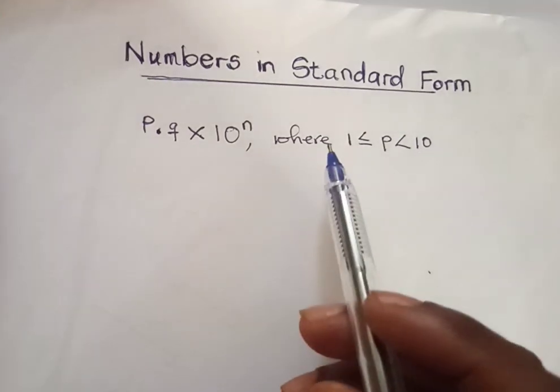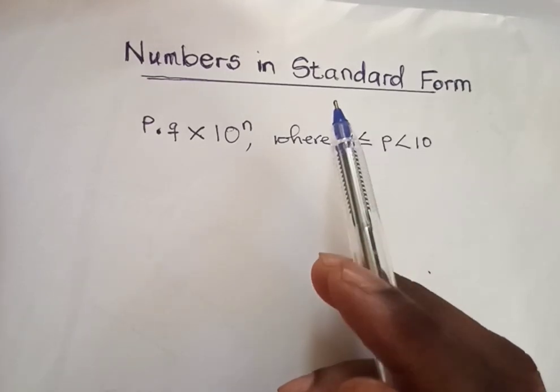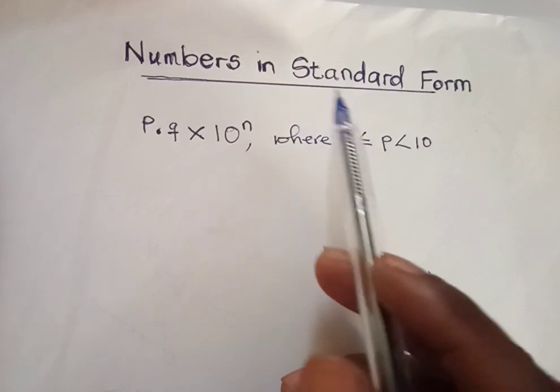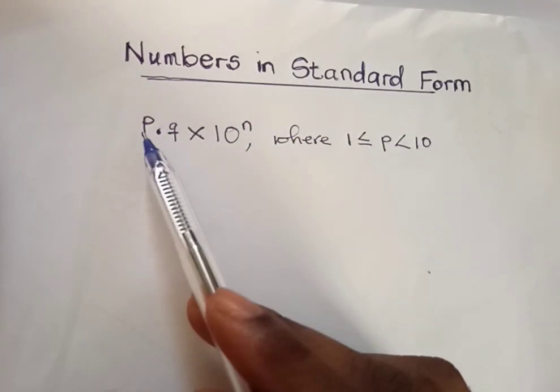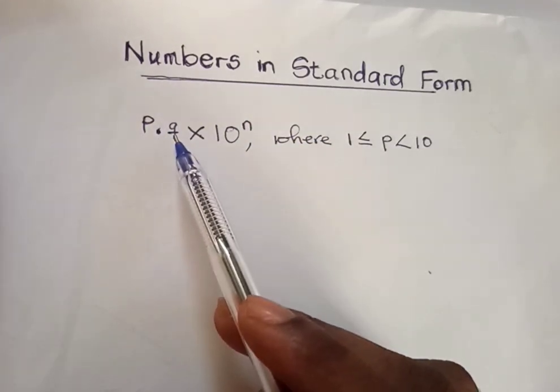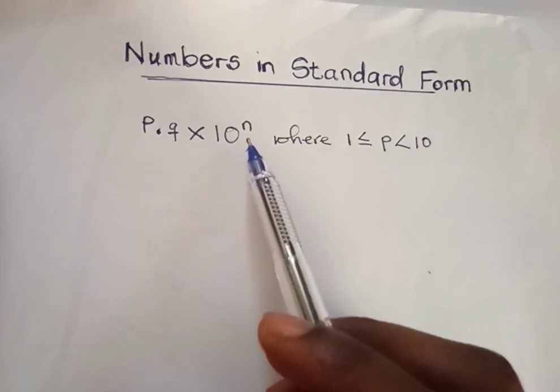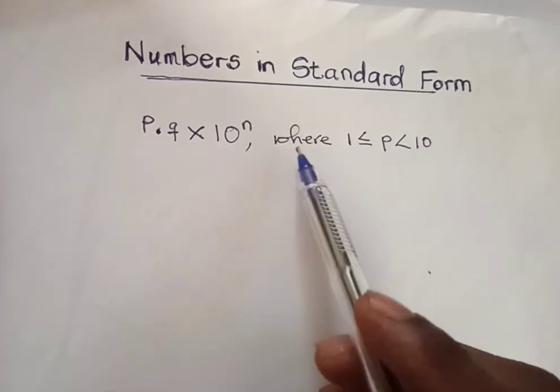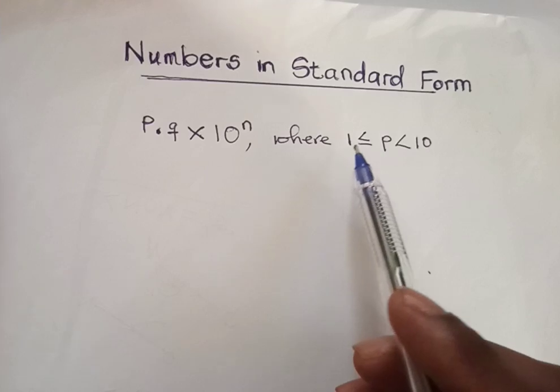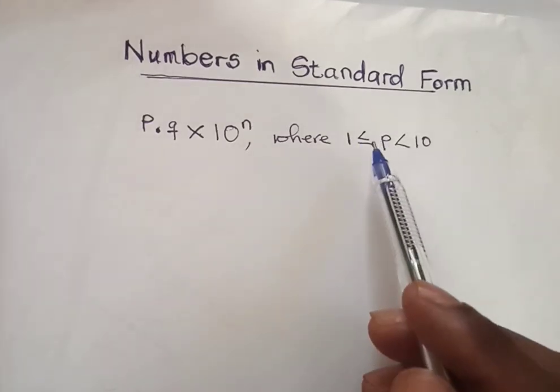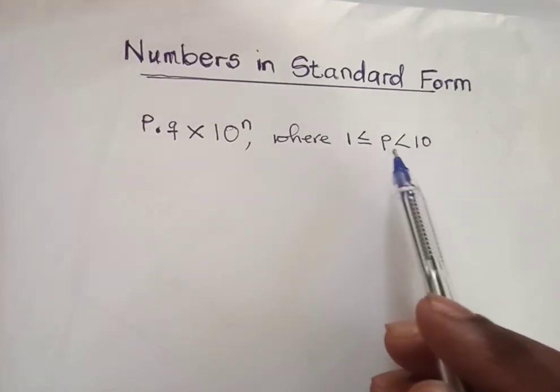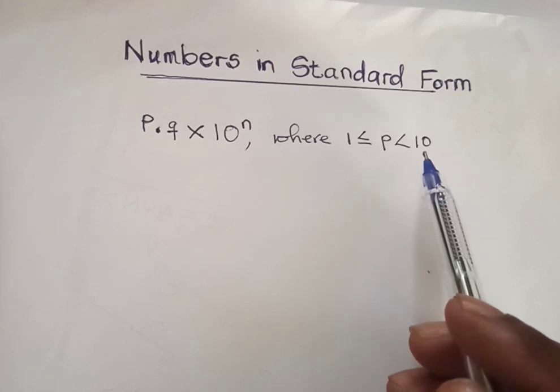Now, when you are asked to write a number in standard form, it should be in this form, that is p.q times 10 exponent n. There's a condition here where p is greater than or equal to 1 but less than 10.